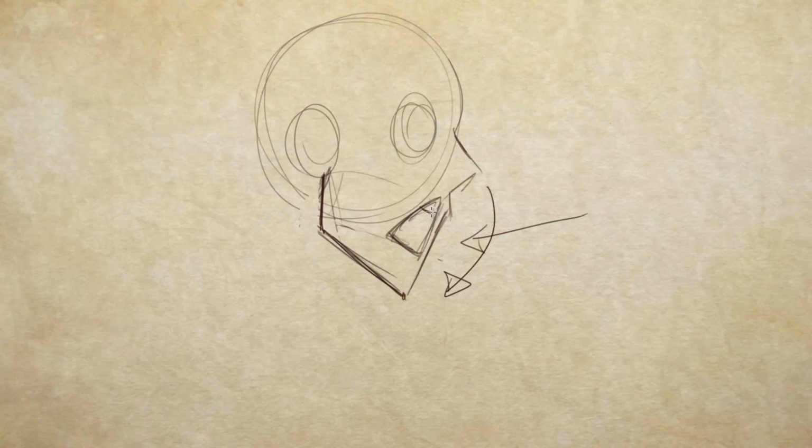Then it's like, okay, now let's put in the teeth, and you put in the teeth and you get something like this, and this is wrong as well. The reason it's wrong is because see how the teeth are here? If we were to continue this, as if we're drawing the skull, because the head is a skull underneath, and then you've got muscle and fat and skin on top of it, but it's bone underneath.